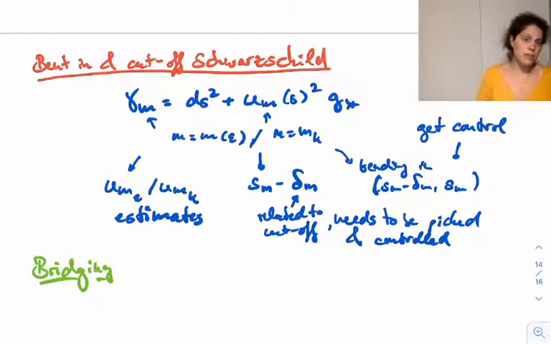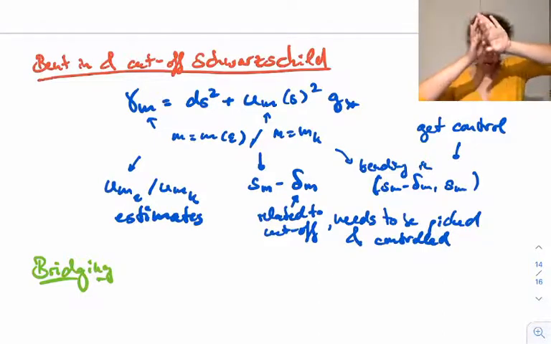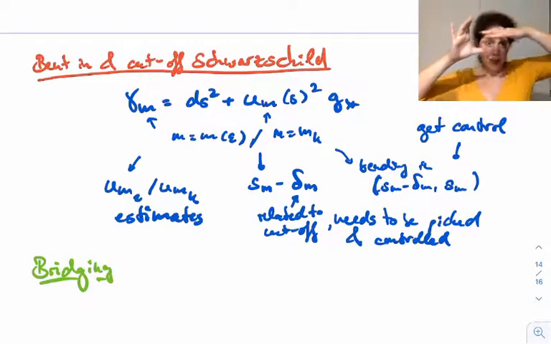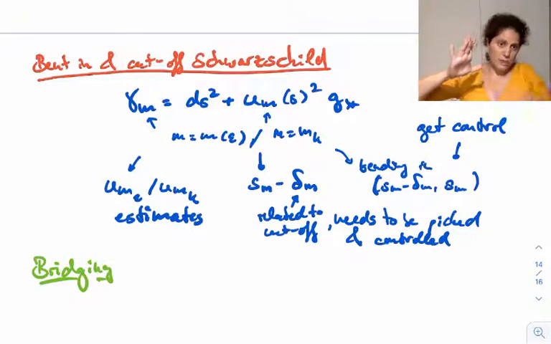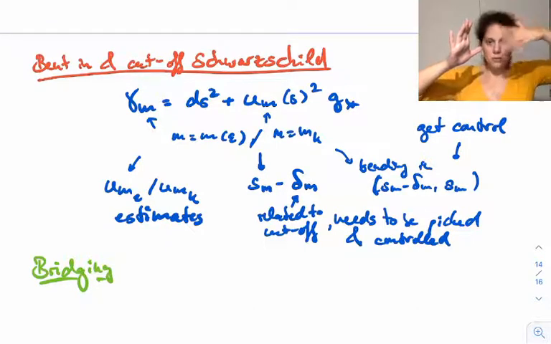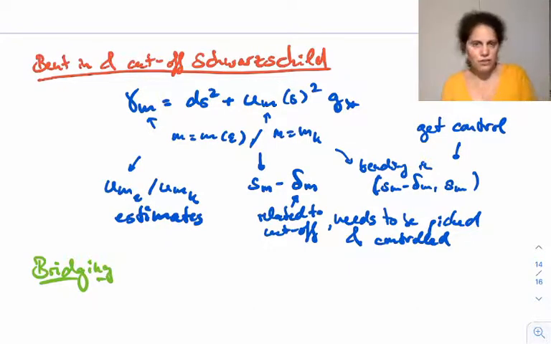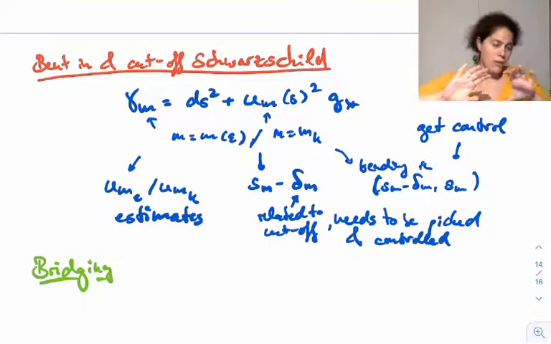Okay, so I repeat this for the Schwarzschild piece. First of all, we need to get control on the radial profiles in this S coordinate of the various Schwarzschilds of the different masses, where one aspect of this is to see that the masses converge to this m infinity in the theorem. And also we need to get control on where we cut this off, which is something we need to pick, and previous papers only needed to show that we can pick it somehow, and we need to pick it more uniformly, and then get enough control on it to get all the ingredients for the estimates we need later.